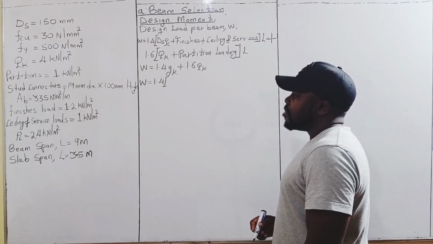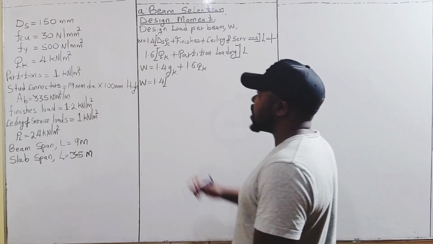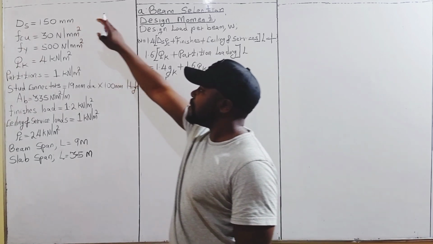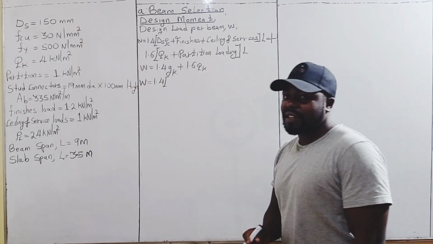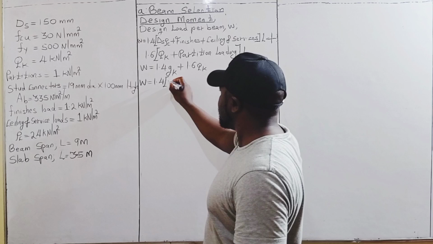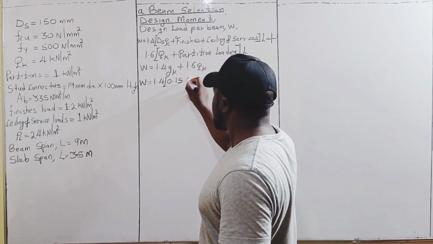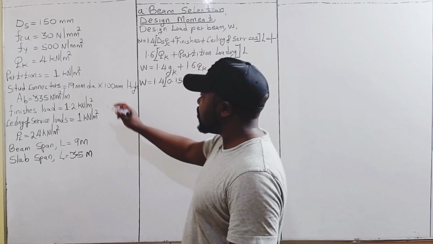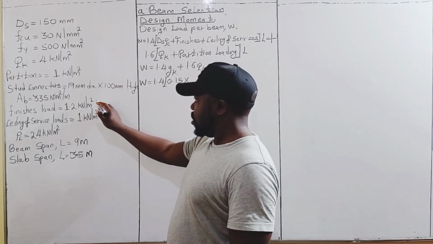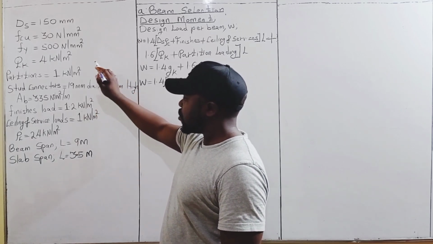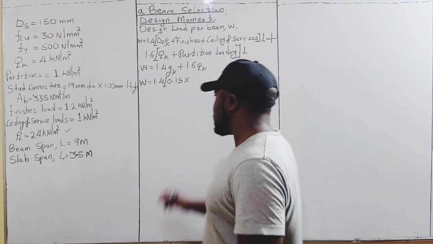Therefore, our design load per beam will be given by 1.4 into the depth of the concrete flange, which is 150 millimeters. We convert to meters by dividing 150 by 1,000, and that gives us 0.15 meters. We multiply by the density of concrete, which is 24 kilonewtons per cubic meter.